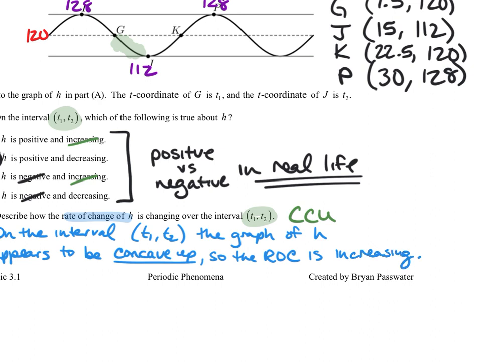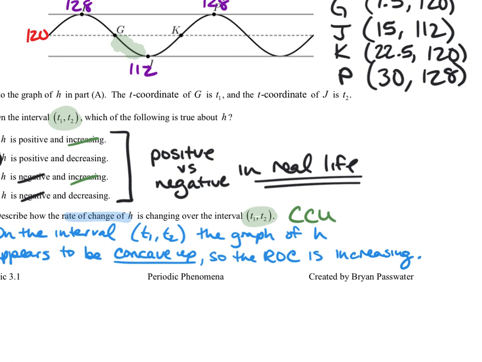Now remember, that's kind of weird because we just said that the graph is decreasing. That's the graph decreasing. The rate of change is increasing since it's concave up. So concavity has to do with the rate of change or the slope. Anytime you say concave up, the rate of change is increasing. Anytime you say concave down, the rate of change is decreasing. We've done that multiple times, but you need to write it down for yourself again.